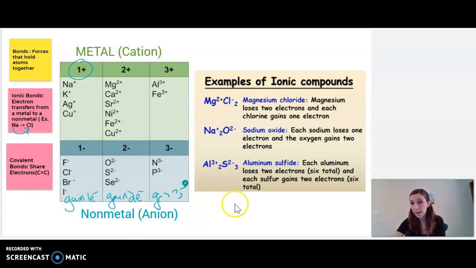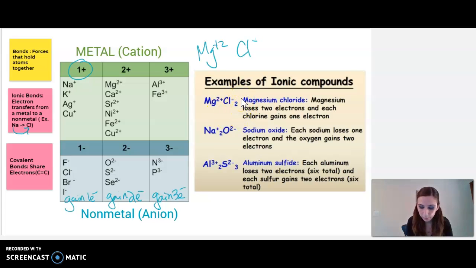So if we were to make some different ionic compounds using this chart, we have magnesium, which has a +2 in group 2, and chlorine, which is just a -1. If we have Mg+2 and Cl-, that's not going to cancel and be neutral yet. So what you'll see down here at the bottom as a subscript is a 2.